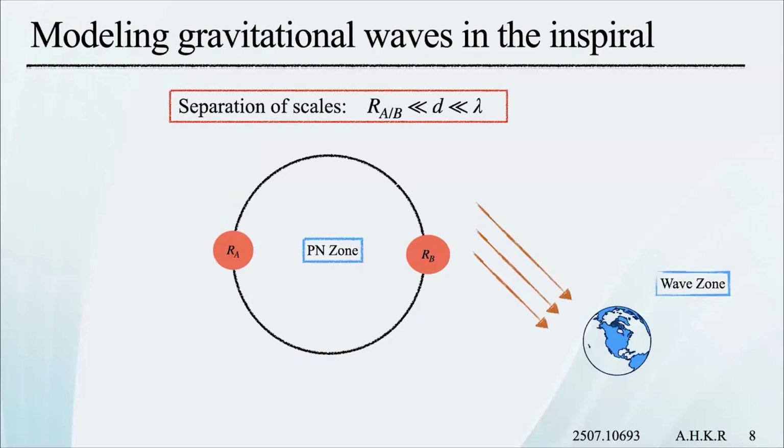But then shouldn't the wavelength be proportional to D, because in general the frequency is related to the separation between the two objects which are inspiraling, and then lambda should also be related to D. So why is D much smaller than lambda, and in that case what fixes lambda? So what I mean schematically by this is, the characteristic radiative effects in the system are well separated from the conservative dynamics in the system.